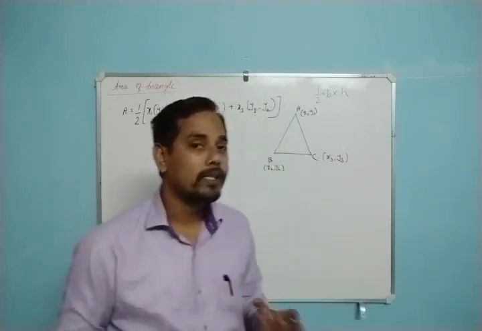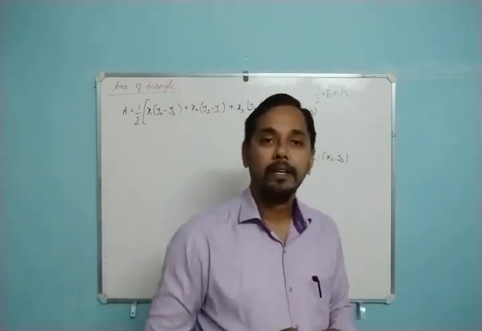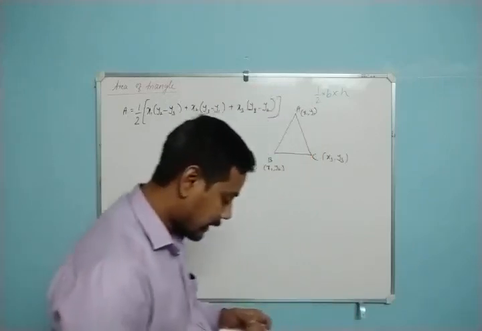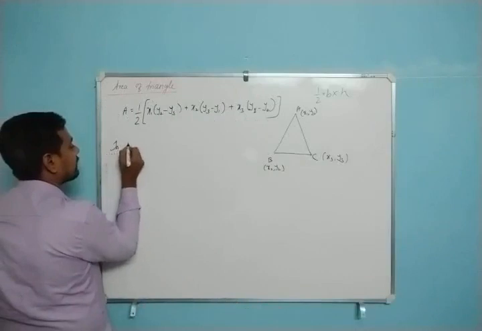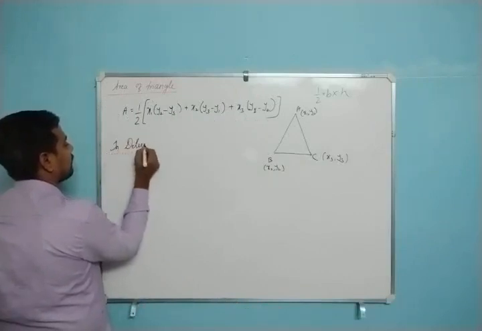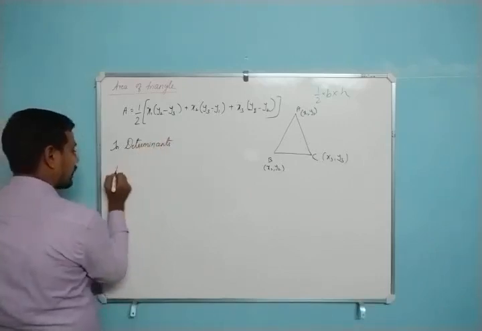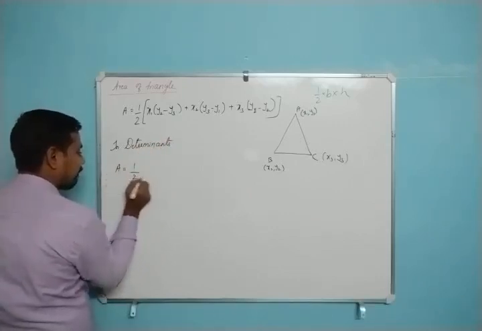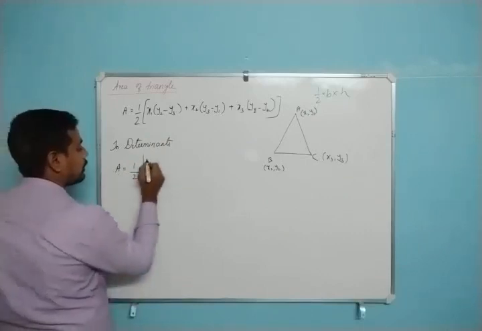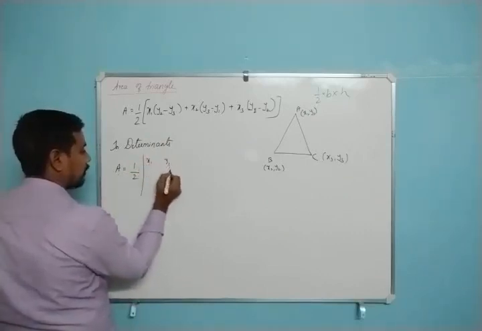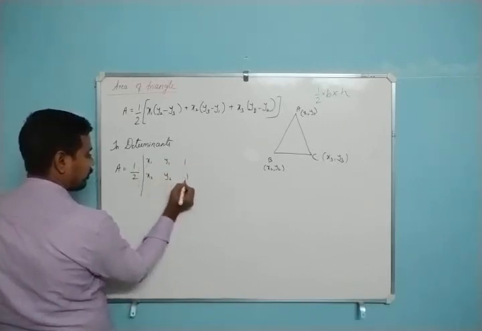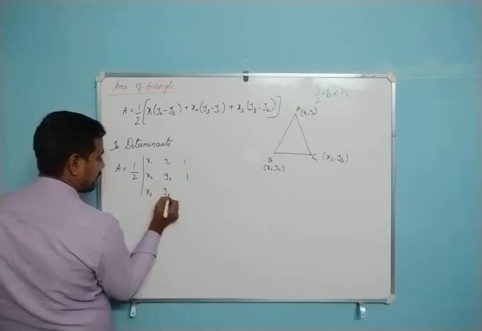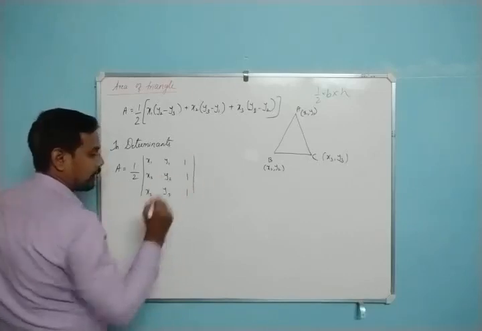But apart from this, there is one more method in determinants which you can make use of. In determinants, the area is given by half into the determinant with rows x1, y1, 1; x2, y2, 1; x3, y3, 1.